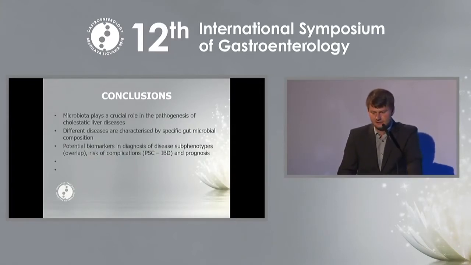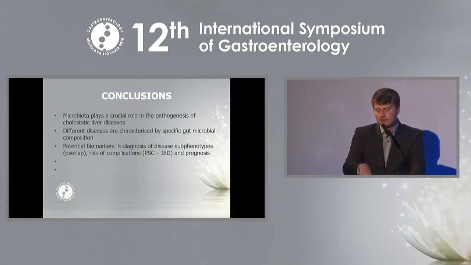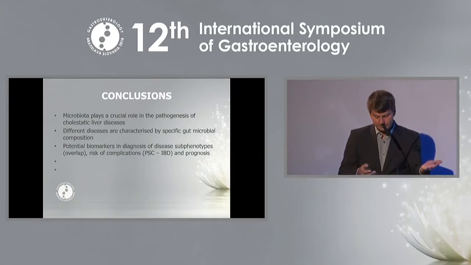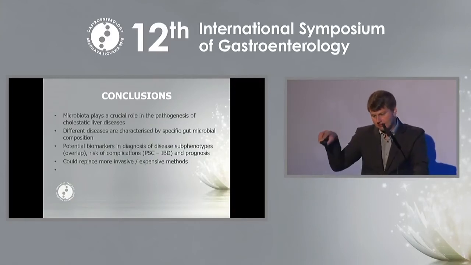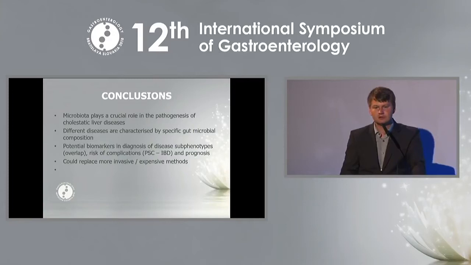But of course, there is a chicken-and-egg principle once again, and to see the prognosis either in the primary disease or even the prognosis of the liver graft in patients after liver transplantation. So this could possibly lead to replacement of invasive or more expensive methods, because we could recruit the biomarkers either from this tool to really see each microbe, or to search for antibodies against the specific microbes in the patient's blood.